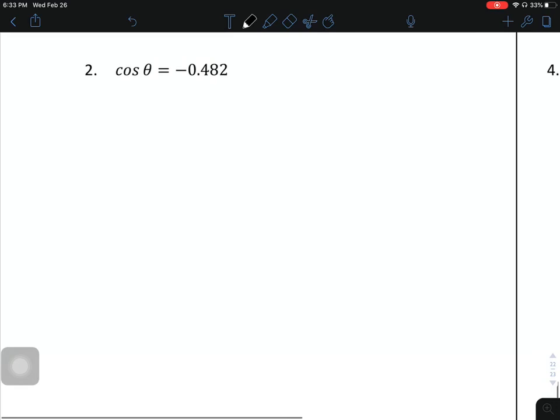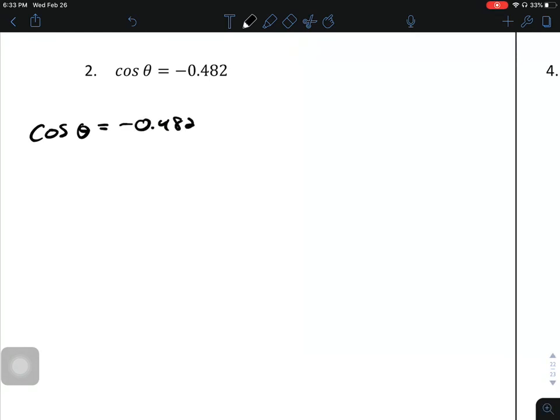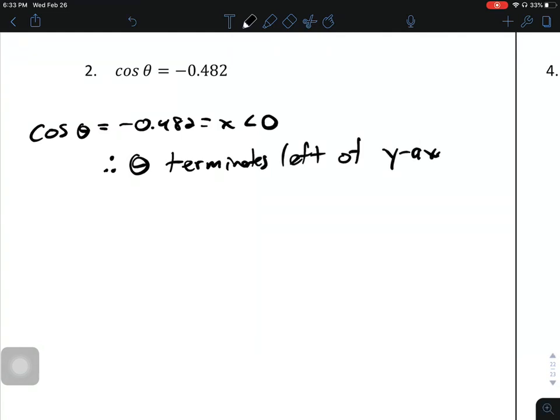Cosine of theta is negative. So what quadrant's that going to be in? Well, if cosine of theta is negative 0.482, and that's equal to x, and that's less than 0, the conclusion is that theta terminates left of the y-axis.